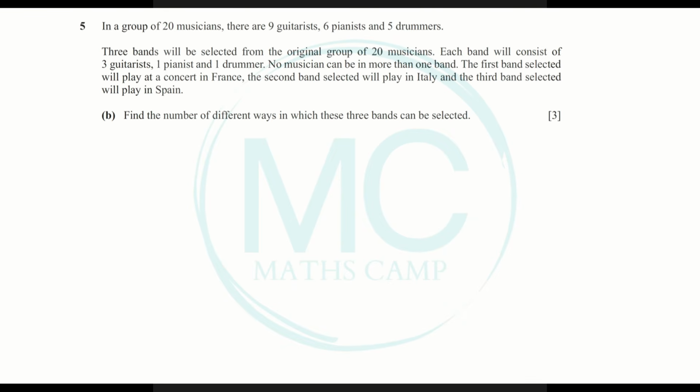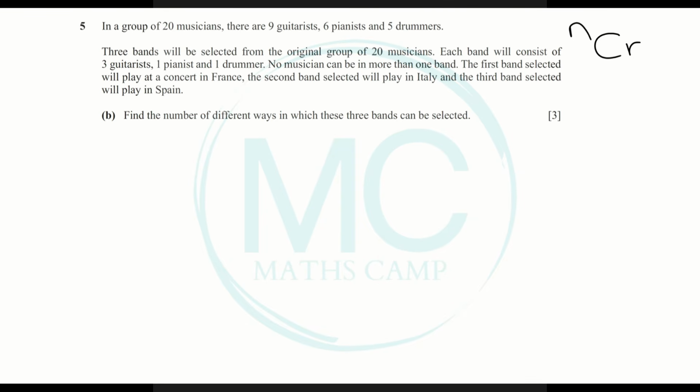Now, again, these are musicians in a band, so arrangement does not matter. The only thing we need to work with is nCr. But please be careful here. The question tells us that no musician can be in more than one band.